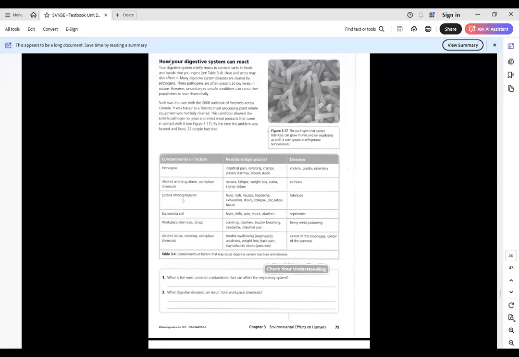Okay, the contaminant listed next is listeria. We've already talked about it. Some of those symptoms, we never talked about this, are fever, rash, nausea, headaches, exhaustion, shock, collapse, and your circulatory system fails.